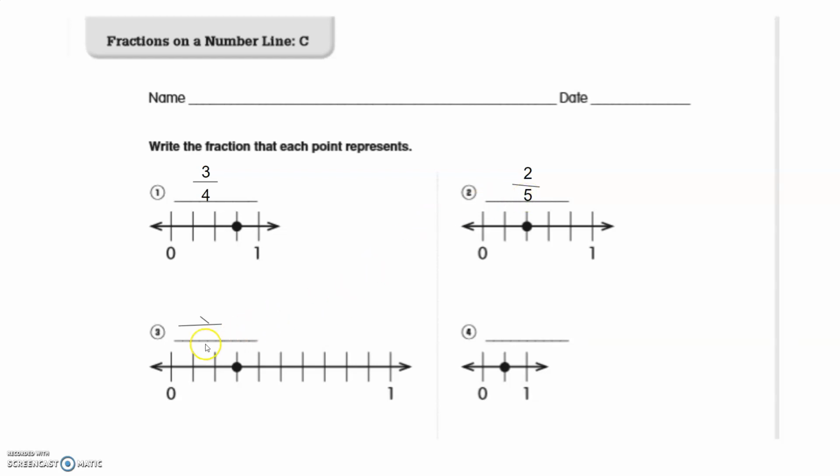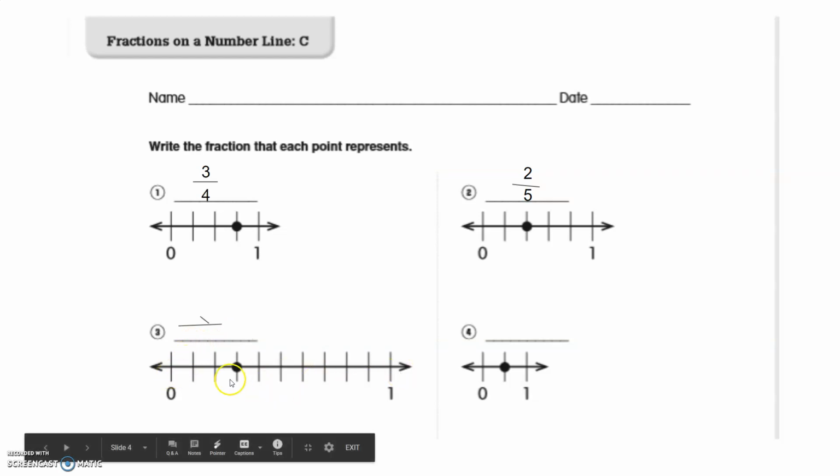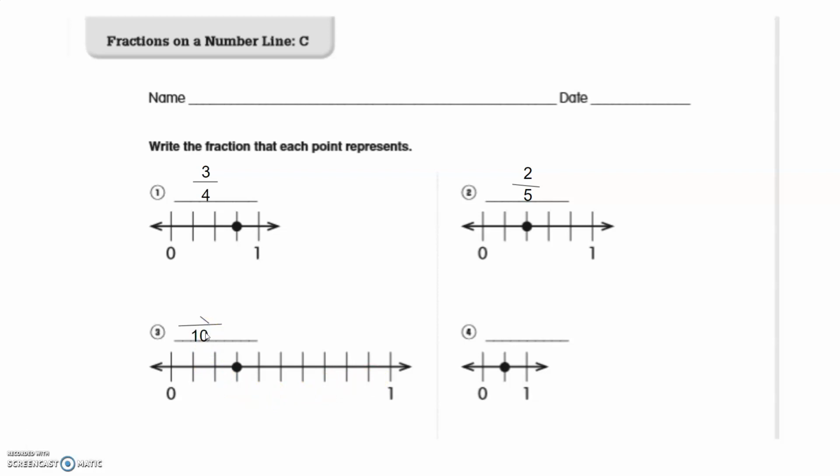Okay, let's take a look at number 3. First step, count from 0 to 1 all the spaces. 1, 2, 3, 4, 5, 6, 7, 8, 9, 10. There's 10 equal spaces on this number line, so we're going to put 10.